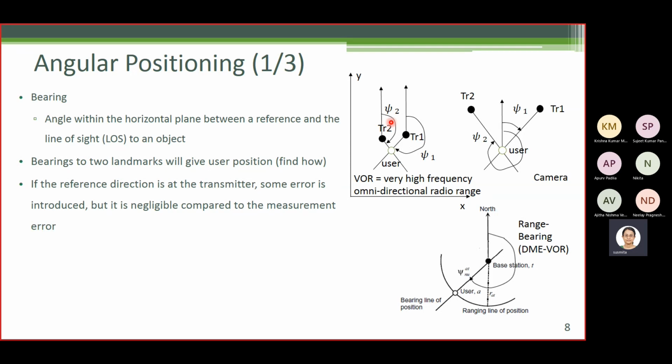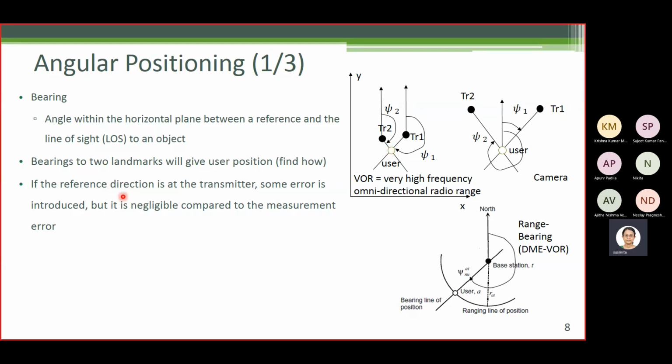Now, this would not have been problematic if the earth had been a flat surface. So when the transmitters are nearby, this assumption does not introduce much error. But when the distance is large, Earth's curvature introduces an error because of this assumption.